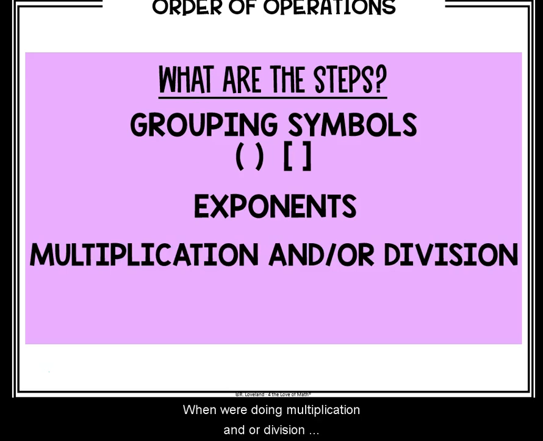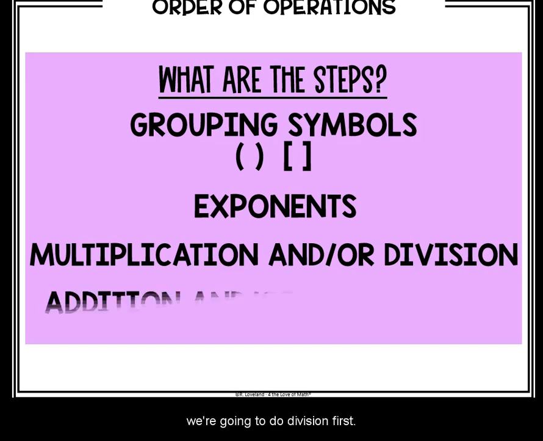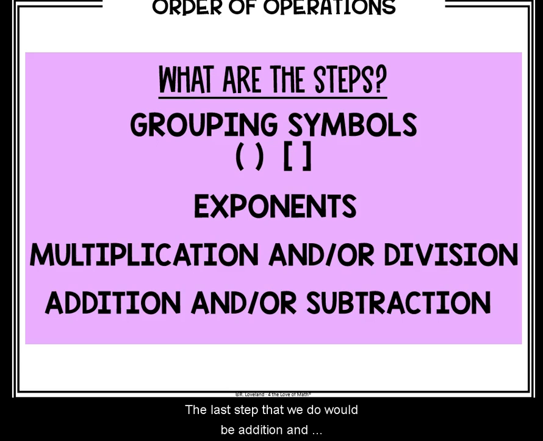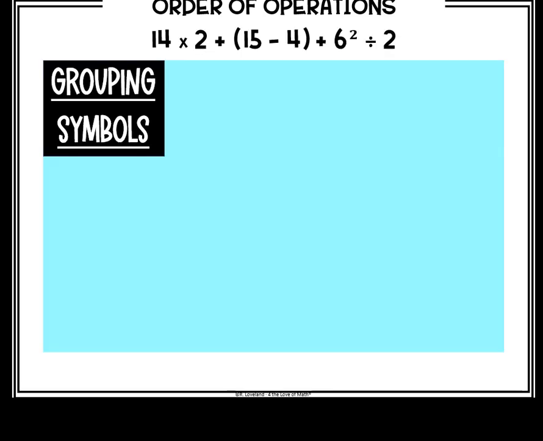When we're doing multiplication and or division, we're going to do it from left to right. Whichever comes first is going to be done first. So if division comes before multiplication in the problem, when you're looking at it from left to right, we're going to do division first. The last steps that we'll do would be addition and or subtraction. Again, it's whichever comes first from left to right.